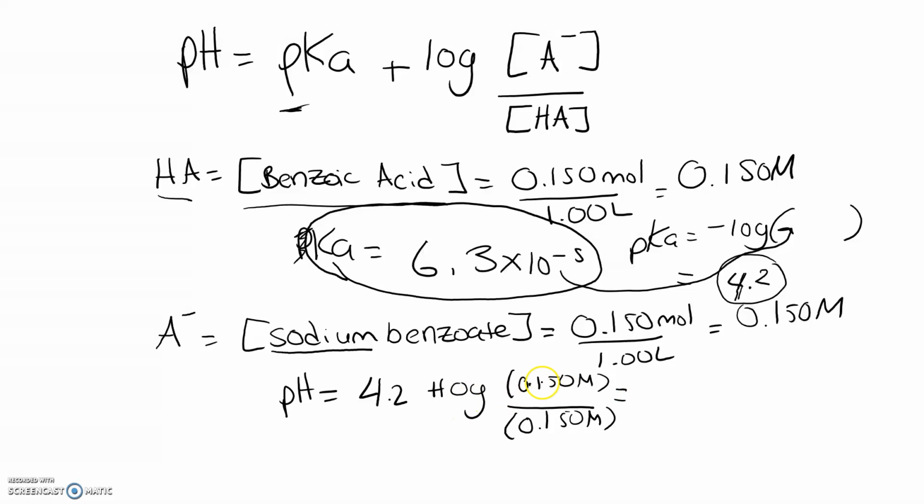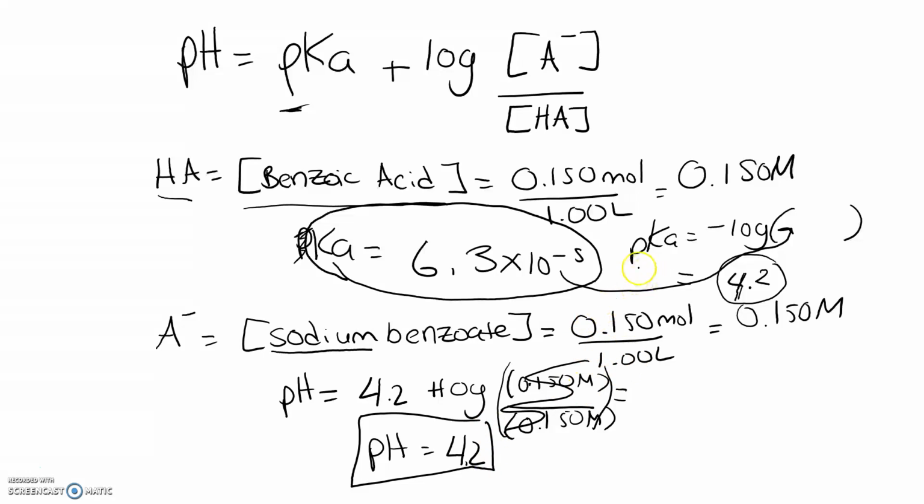When I plug that into my calculator, you'll notice these are the same, so that's the log of 1, and the log of 1 is 0, so this term wipes out completely, leaving me with pH equals 4.2, or in this case, the pH equals the pKa.